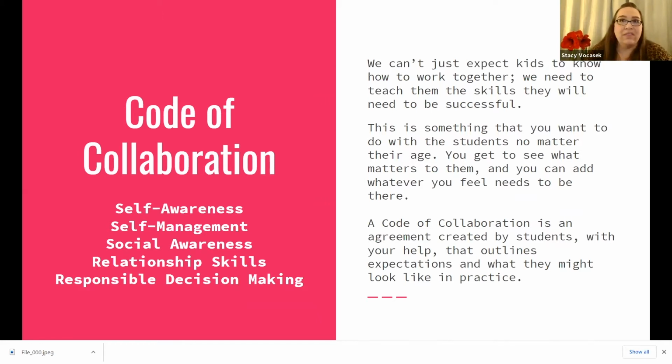And you can do it at the beginning of a class, a unit, a semester, anytime, just the beginning of an activity. Like, how are we going to work together to be successful in this activity? So it outlines expectations. And when we're allowing kids to have voice and choice in that, they have more buy-in.